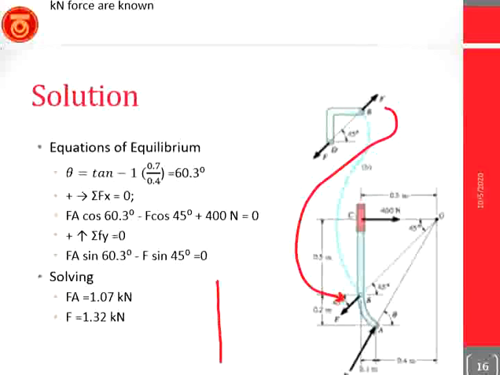You can see it like this: we have 400 newtons at point C, and then at point B, F here, and at point A. This one we just solve based on 2D forces.